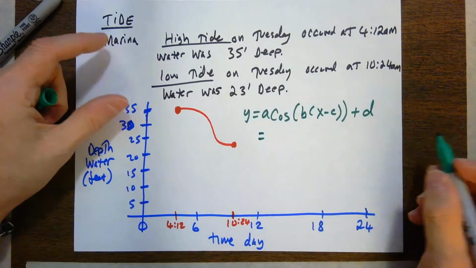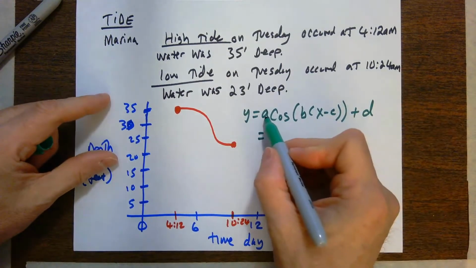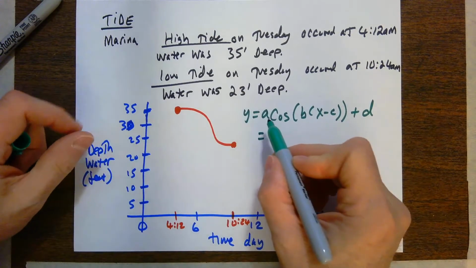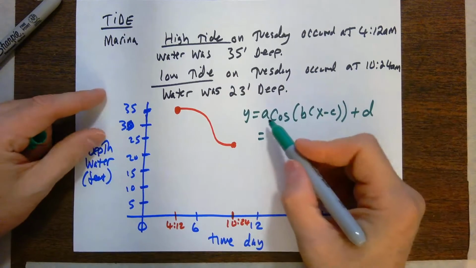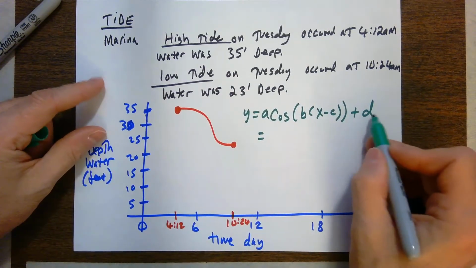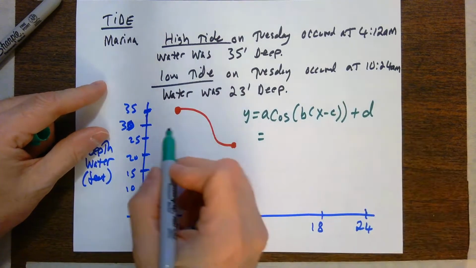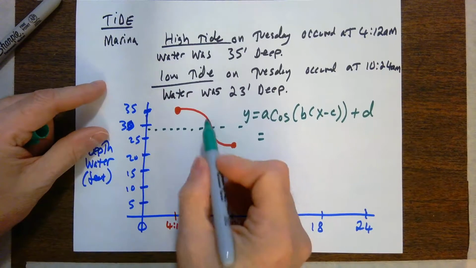All right, well, let's talk about how we find each of these numbers. First, the A is the amplitude. The amplitude is how far above and how far below the center line. D is the center line here, right halfway between these two.